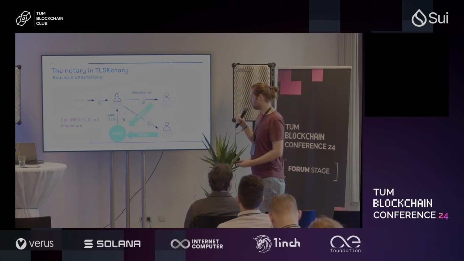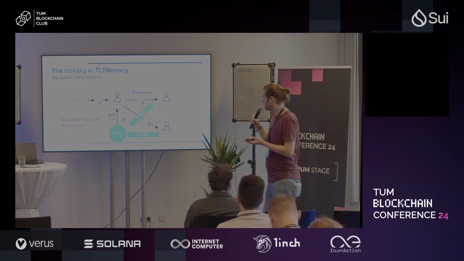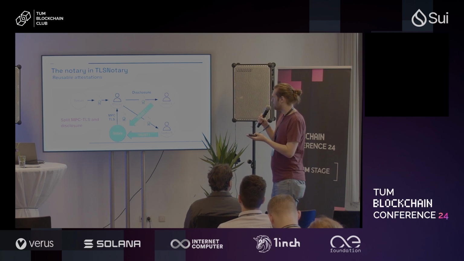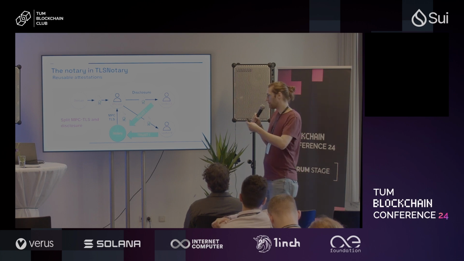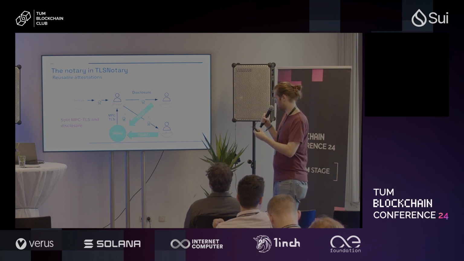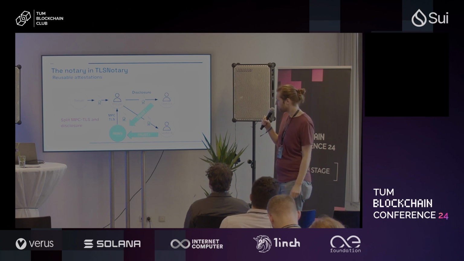And then after that, the prover can use this and present it to different verifiers. And the nice thing is now it's reusable. So this attestation, you can use that for verifier A and use different openings in the disclosure phase than when you use it with verifier B.